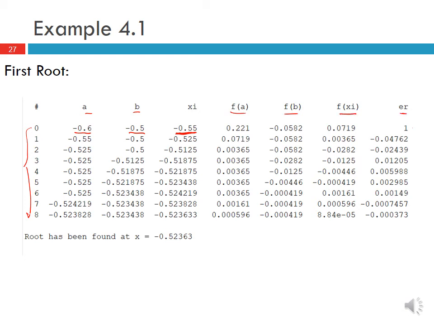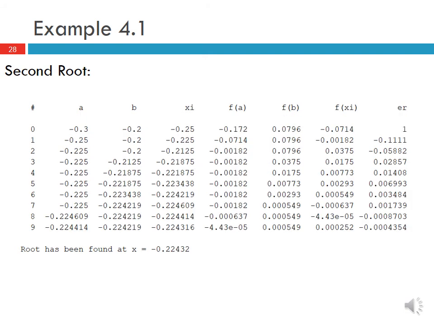This is just a dummy value because we don't have a previous estimate for this case, but all of the other ones are calculated. We wanted to know when the absolute value of our approximate relative error was less than 0.005. That happened after 8 iterations, and we got our estimate of our root as minus 0.52363.